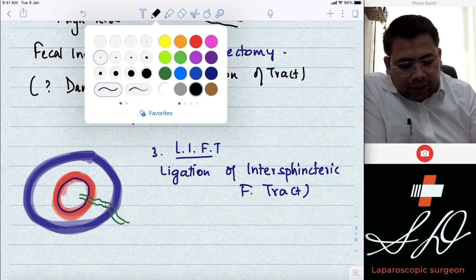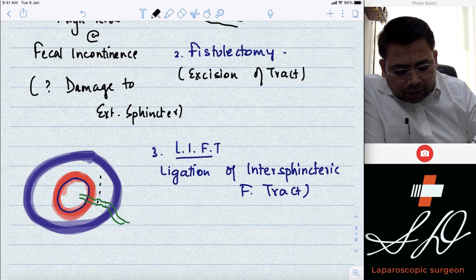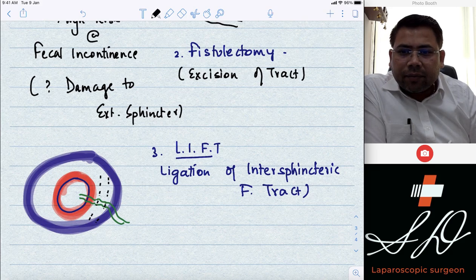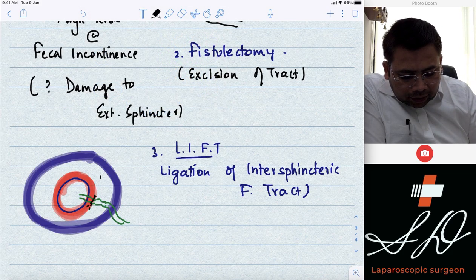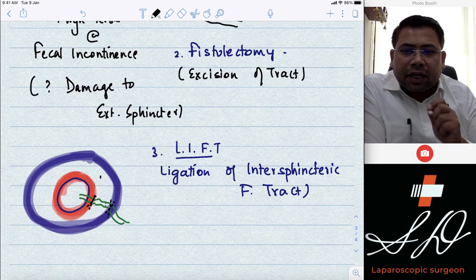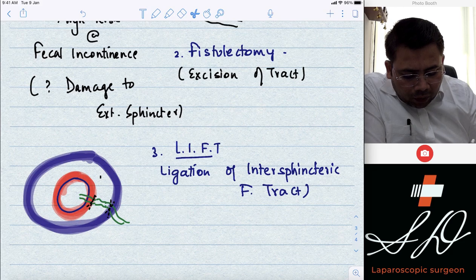You first make an incision in the inter-sphincteric plane. Once you have made the incision, now what you will do? You will ligate one end here. So you have actually ligated the fistula at two ends, and now you will cut through the middle segment.